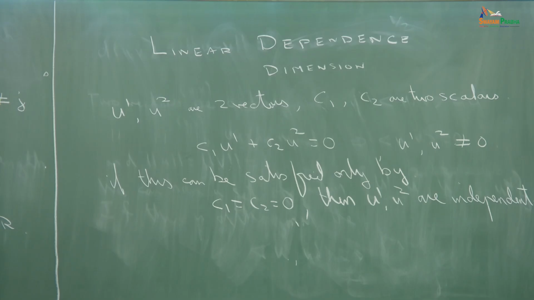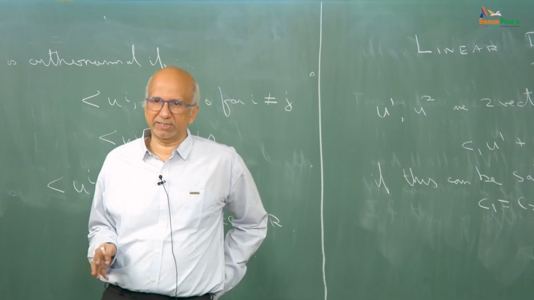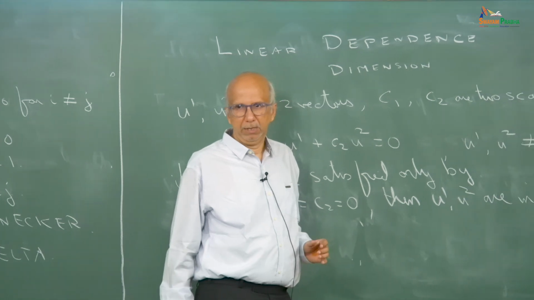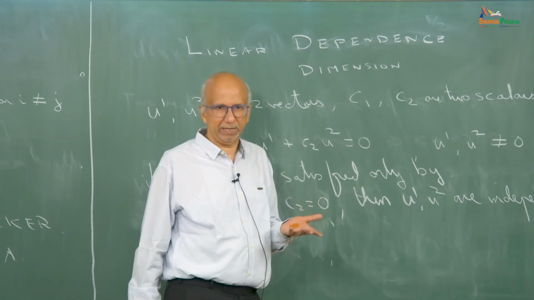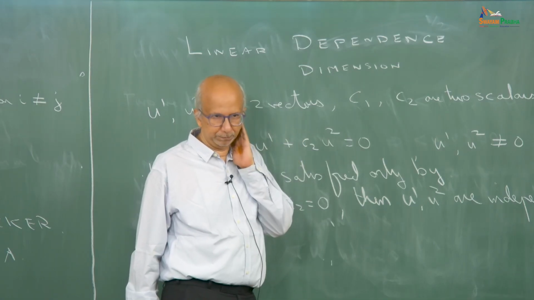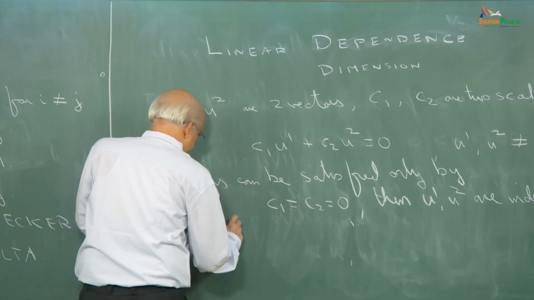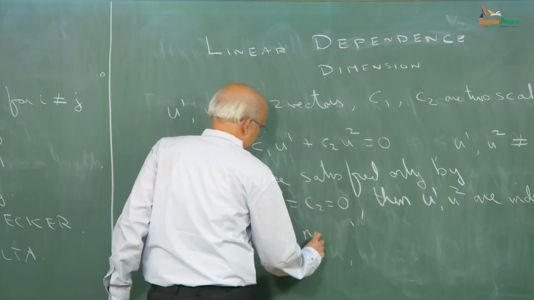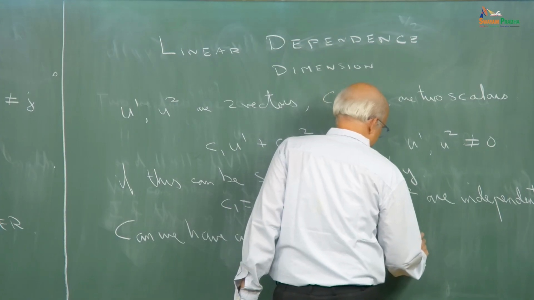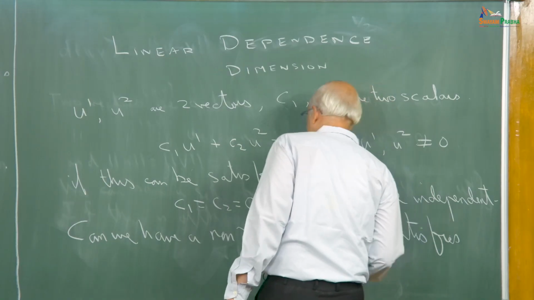But see, c1 equal to c2 equal to 0 will always satisfy, because we put 0 here, multiply this by 0, multiply this by 0, and get 0. So, c1 equal to c2 equal to 0 will always satisfy, but the question is, can we have a non-zero c1, c2 which satisfies this?